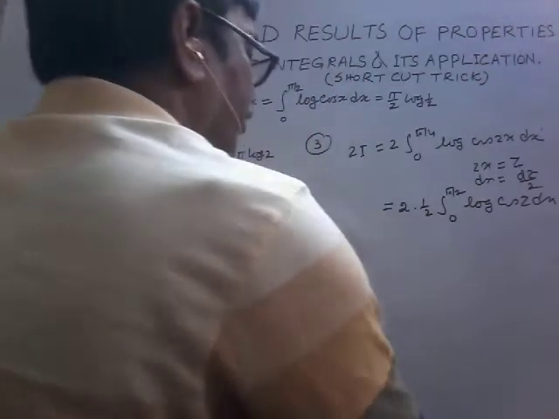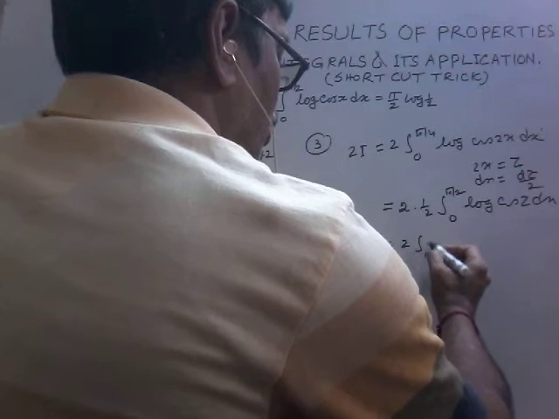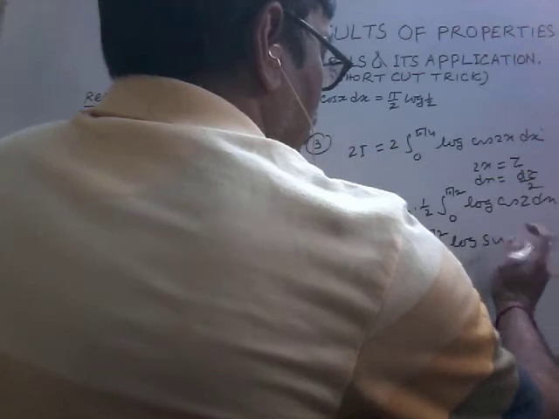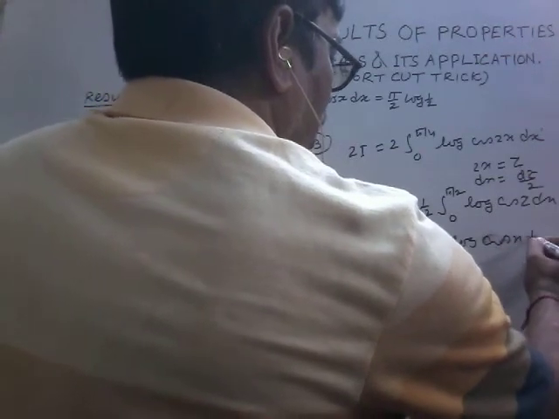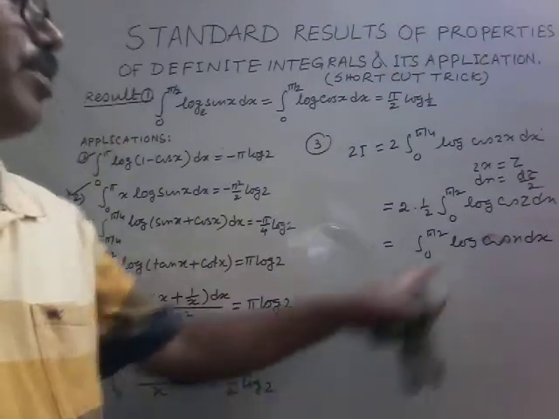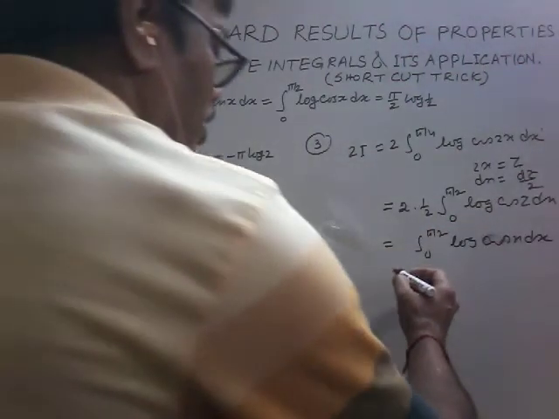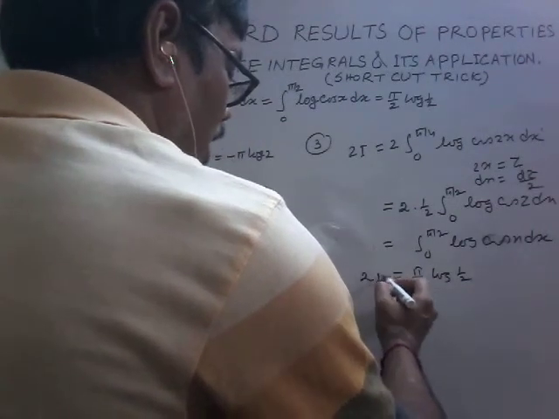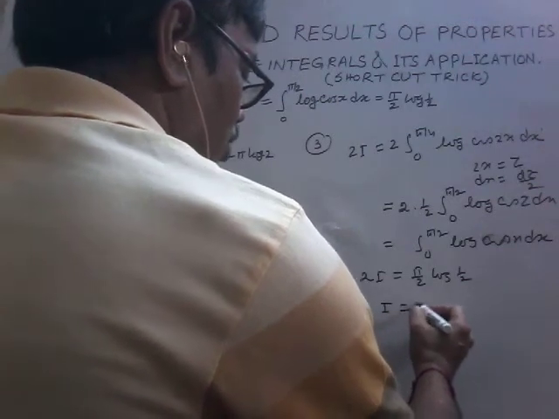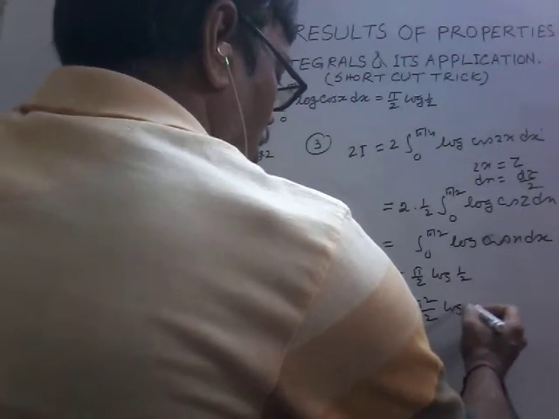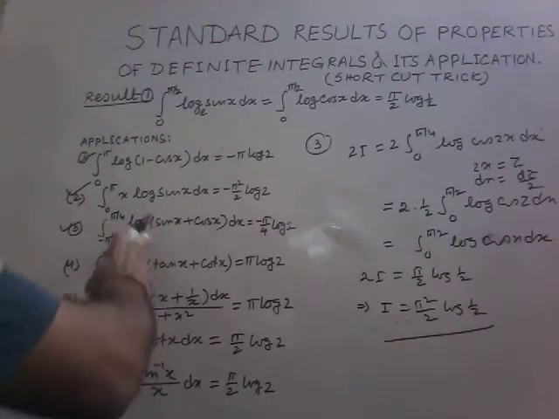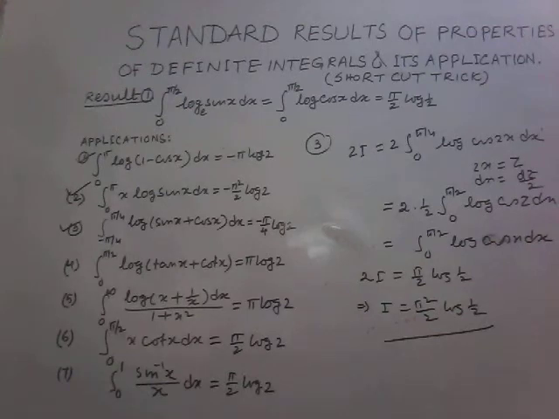Finally 2 into integral 0 to pi by 2 of log cos x dx, where the variable is a dummy variable. Now using the result, this is pi by 2 log half. So this is 2I. So what is I? I equals pi square by 2 log half.